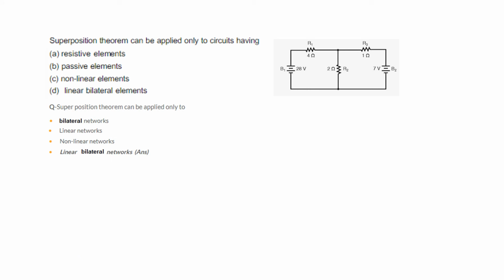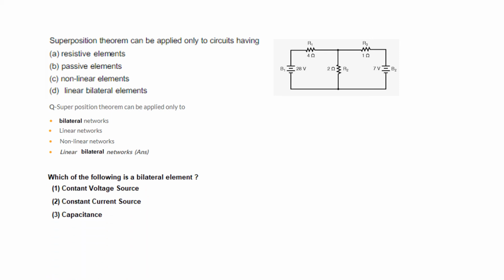A similar question lists bilateral network, linear network, non-linear network, and linear bilateral network. The answer could have been linear network, but since linear bilateral network is another choice, this is more appropriate because for superposition it has to be a linear system. So linear bilateral network is the more appropriate answer.